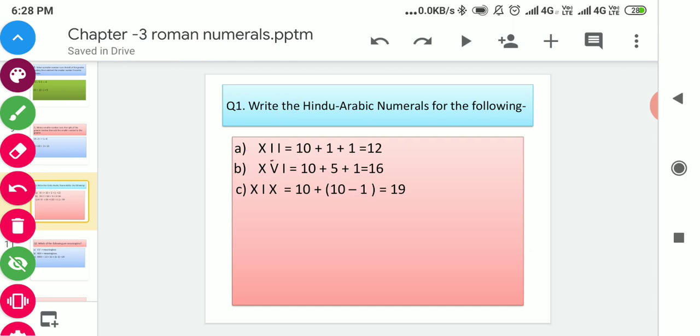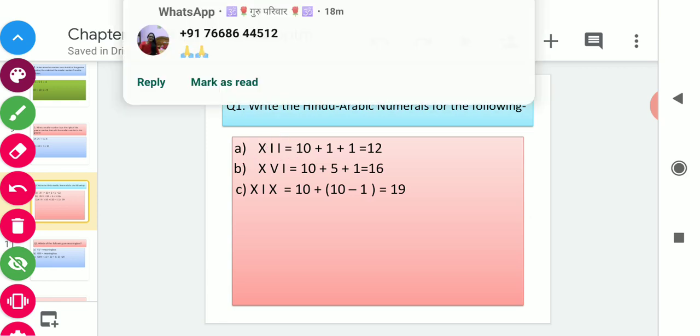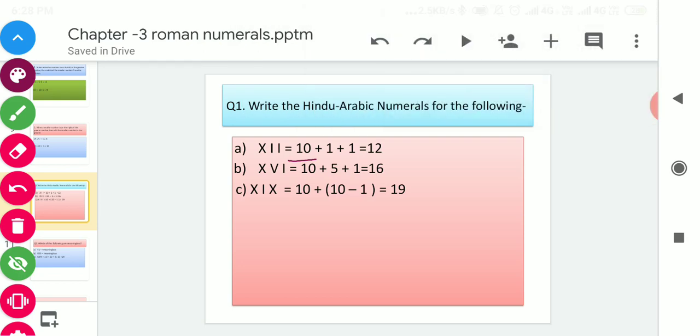Here, smaller number I is right side of the X. So, we will do addition here, 10 plus 1. Because I is repeated 2 times, therefore, according to rule number 1, we will add this I 2 times. So, the answer will come 10 plus 1 plus 1. The answer will come 12.